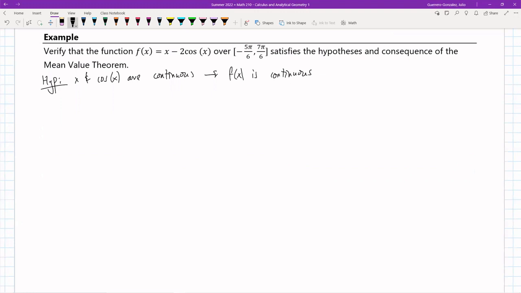Okay, so now comes the consequence. We need to check this: f prime of C is equal to f of B minus f of A all over B minus A, and it's got to be over the interval negative 5 pi over 6, comma 7 pi over 6.